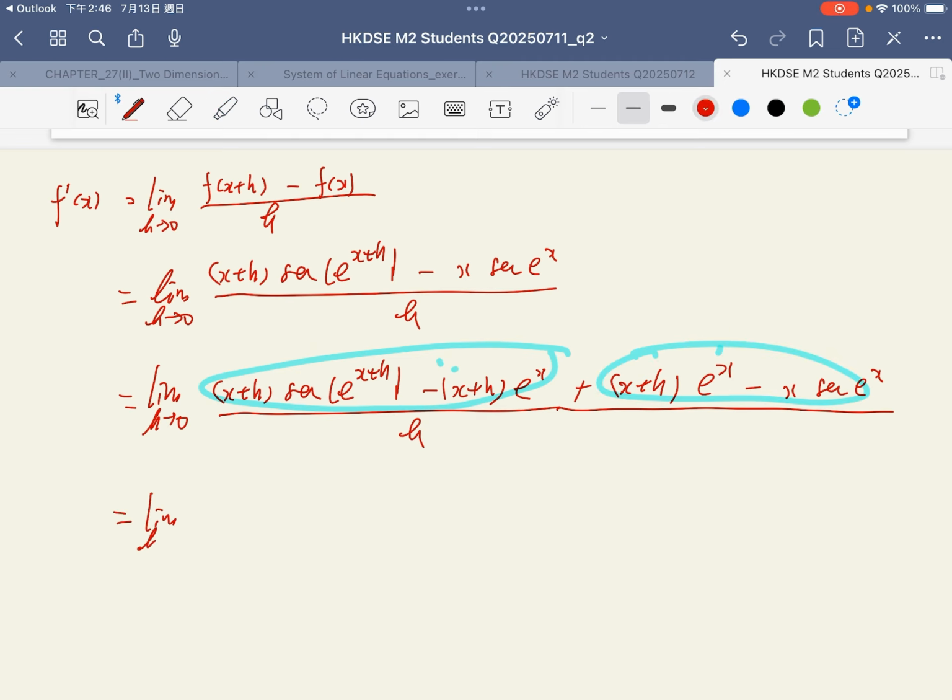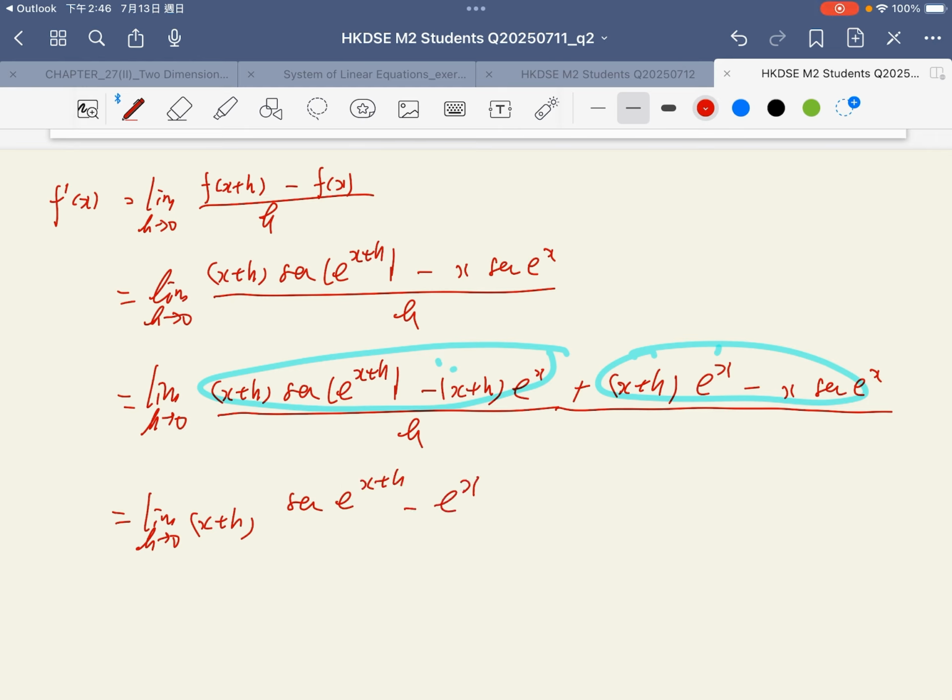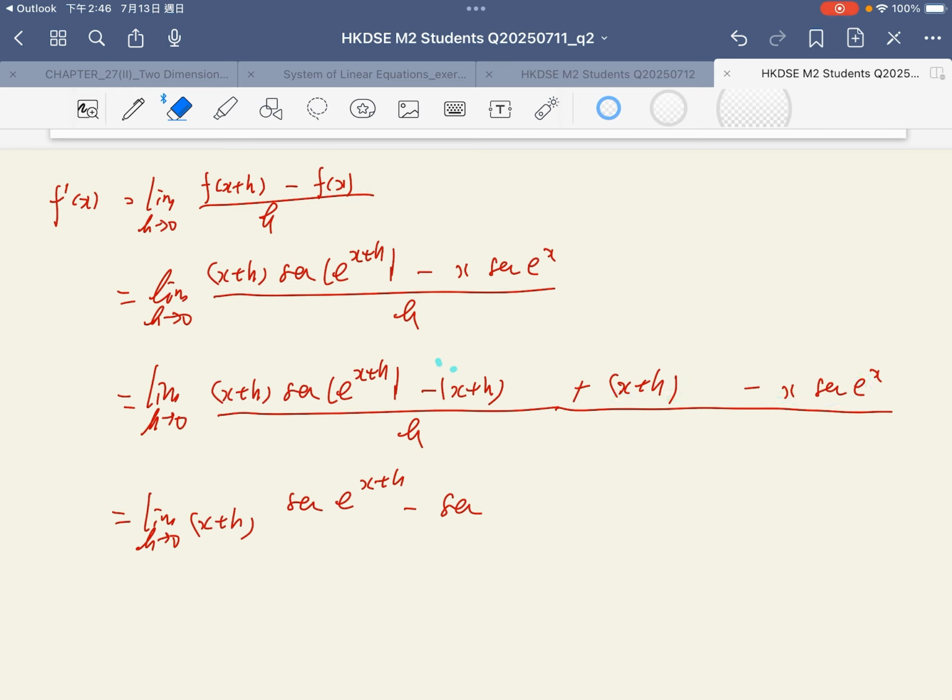Limit. You can see that this term can be factorized, (x+h) outside and secant e^(x+h) minus secant e^x. I always make mistakes. It is secant e^x.